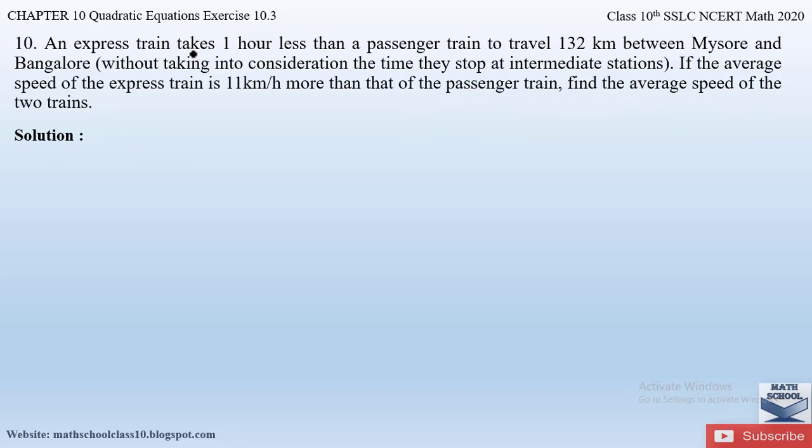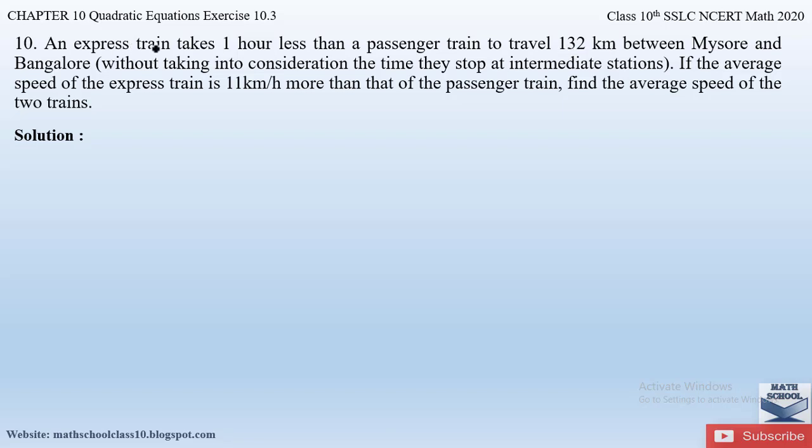Here in the question, they are mentioning two trains: the express train, which moves very fast, and a passenger train, which is a bit slower compared to the express train. These two trains travel from Mysore to Bangalore, covering a distance of 132 kilometers.